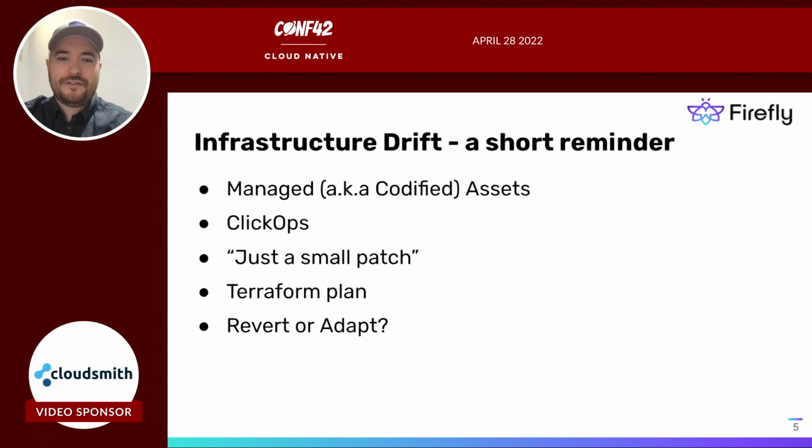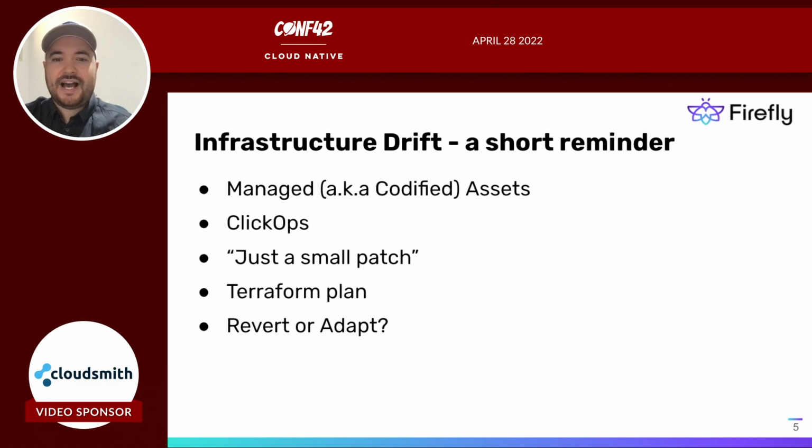So we started with a fully managed, codified infrastructure. We used ClickOps to make just a small patch here and there, and now our code no longer describes the actual state of our cloud. When we run Terraform plan, for example, we get a list of all the changes we've made manually, and we're stuck.